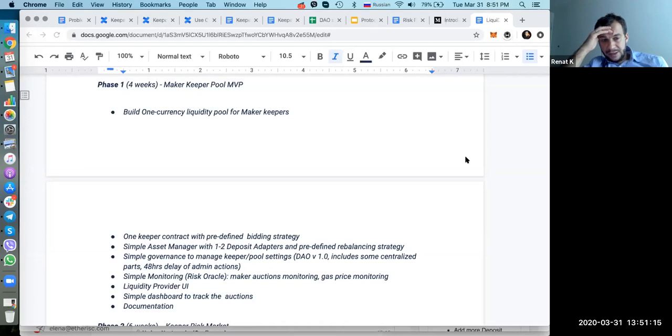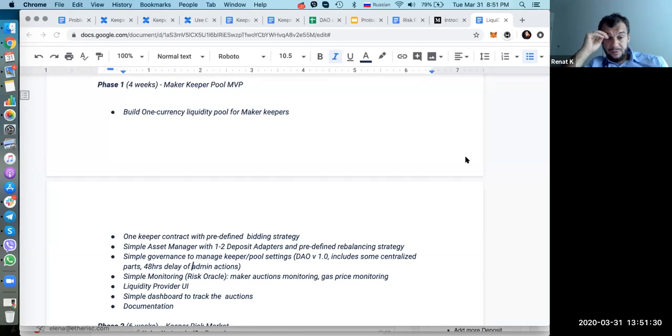Let's say 2 weeks, and then in 2 weeks to finalize these constraining items which you indicated, the bidding strategy and the asset manager.